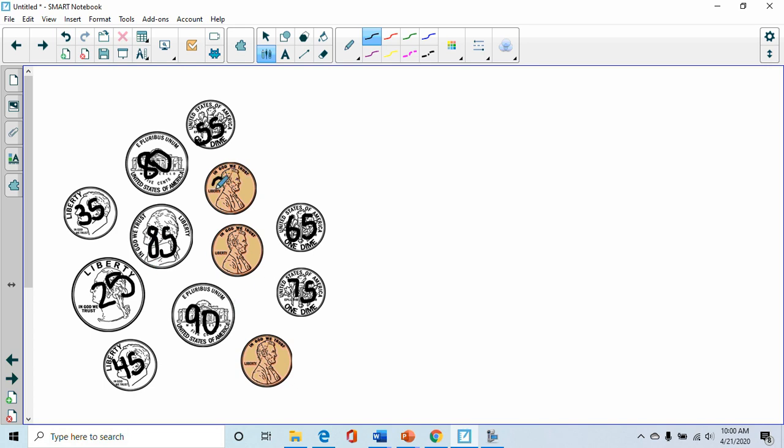I'm at 90, add this penny, and I'm at 91. Another penny, 92. Another penny, 93. So totaling out this group of coins, I got decimal point 93 cents. All right, so we counted and totaled groups of coins today.